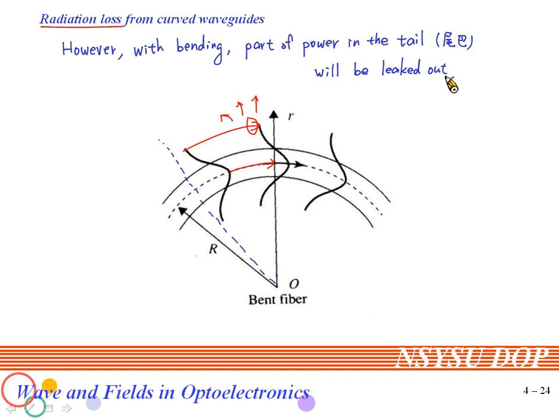Okay, so along a bend waveguide, the outer cladding field has to propagate longer lengths compared to the EM field in the center core region. So part of the power cannot catch up with the speed of the waveguide mode, so it will be leaking out from the waveguide, and this will induce the radiation loss.